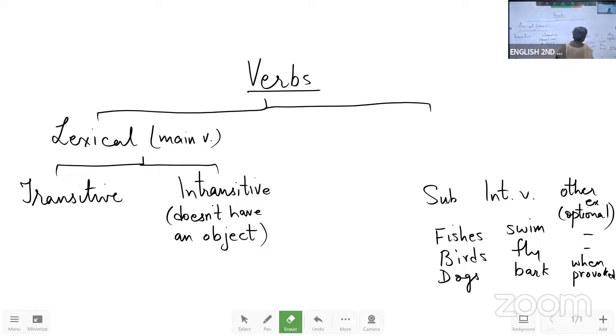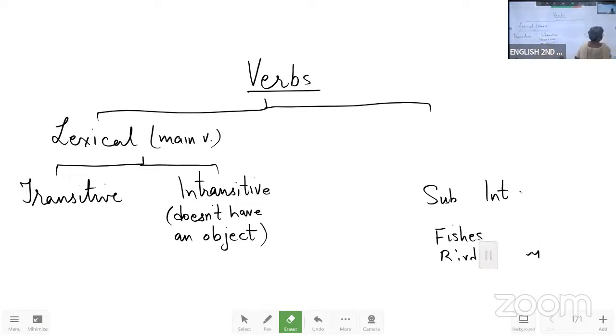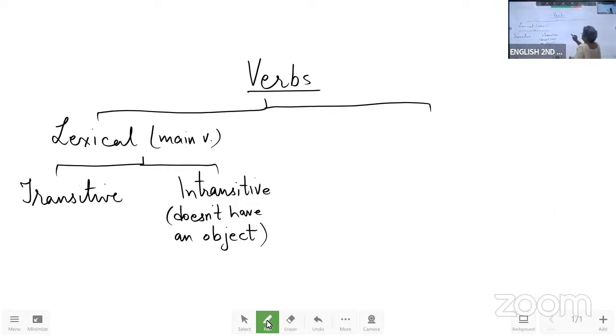Now coming to the next, it is auxiliary. Lexical is known as main verb and auxiliary are known as helping verb. This you have learned in junior inter.